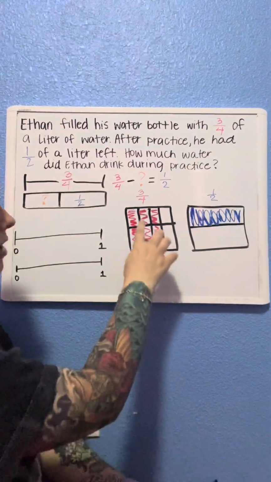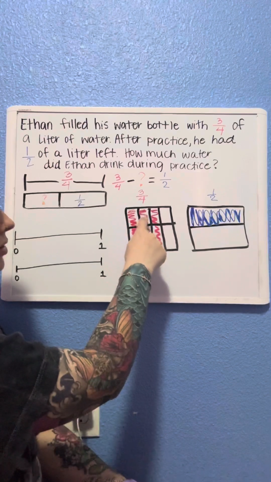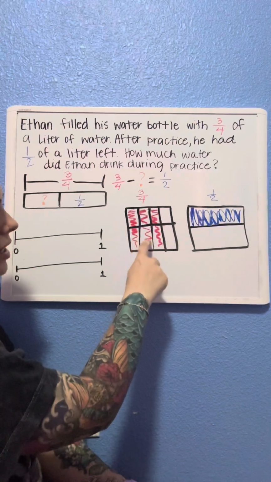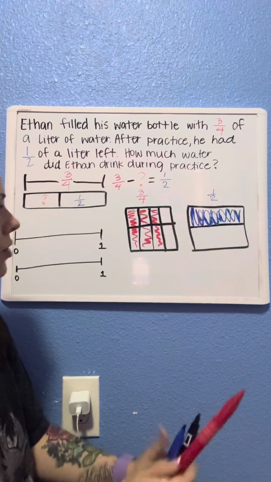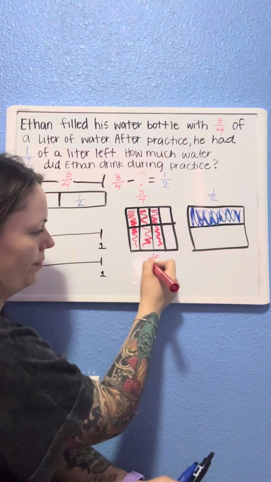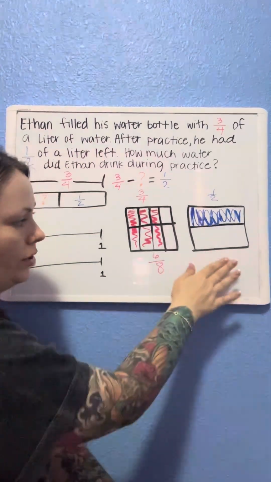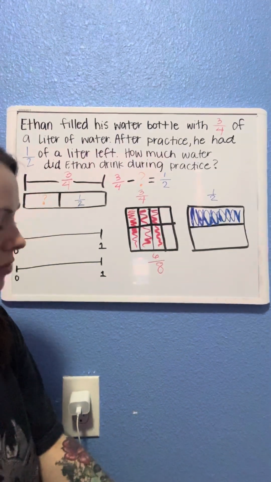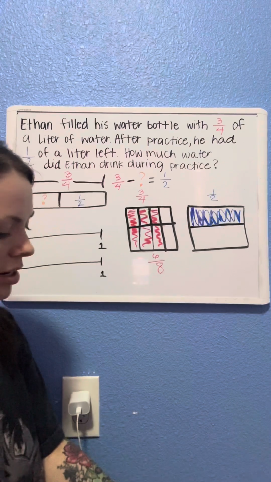So instead of having 3/4, now we have 1, 2, 3, 4, 5, 6, 7, 8, and only 6 of them are shaded. Now for this one, we will divide it into the same 4 lines we have on this square.